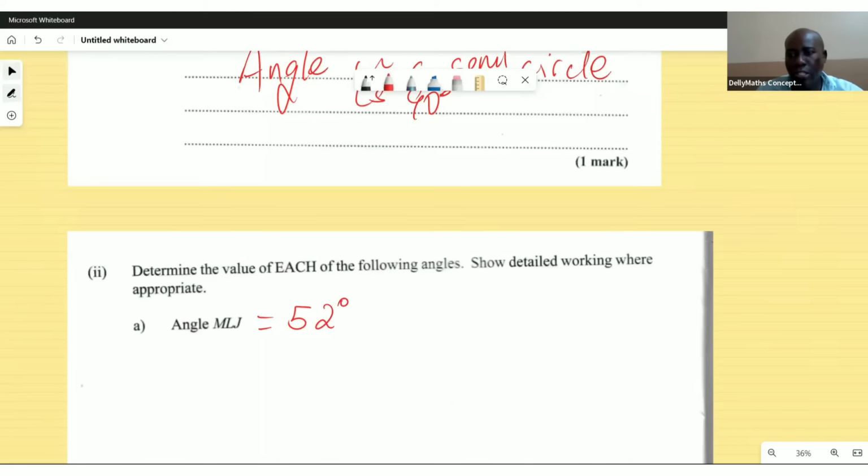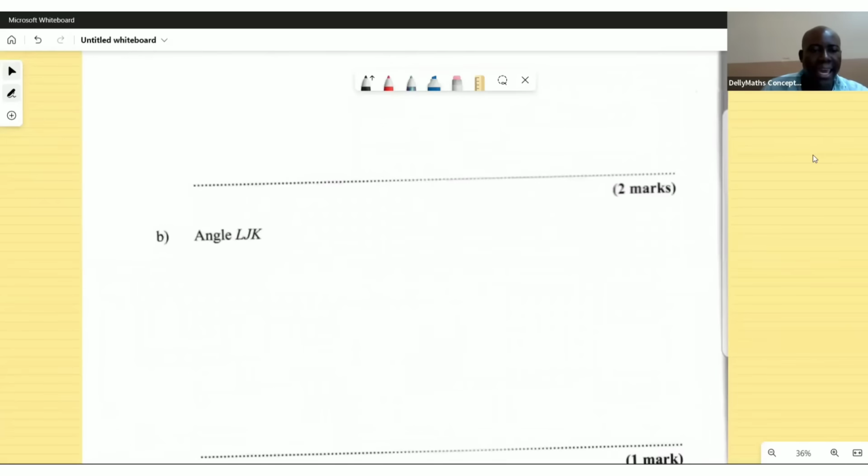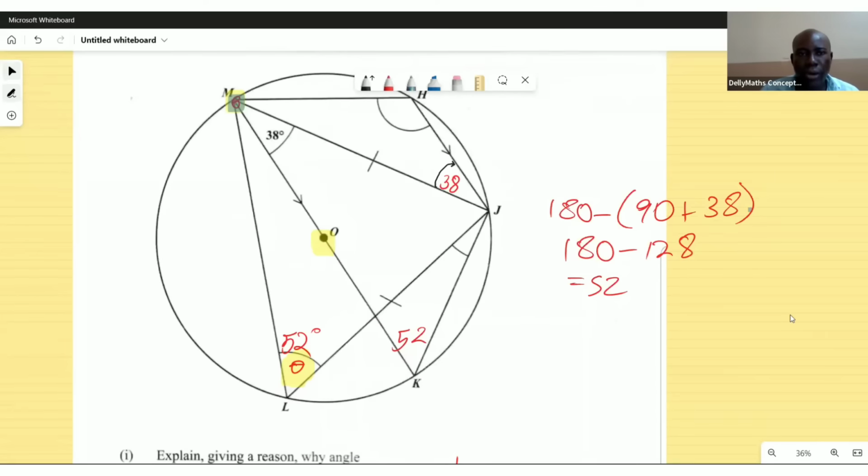All right, and the working is upward. Angle LJK. Let's look. L, where's L? L, J, okay. Oh, it's marked. It's right here. We want that angle there.